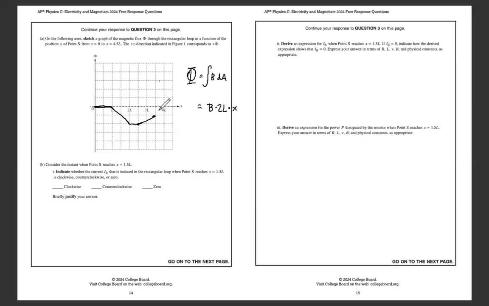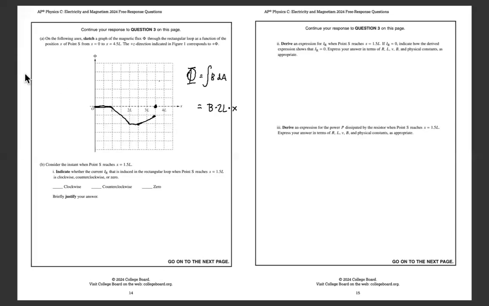No, it should go down to 0 though, because once the bar is from 2.5 to 3.5L, you have the same amount of magnetic field. So it has to go down to 0 once the entirety of region 2 is contained within that wire. So should it go down at the same rate? No, it shouldn't.